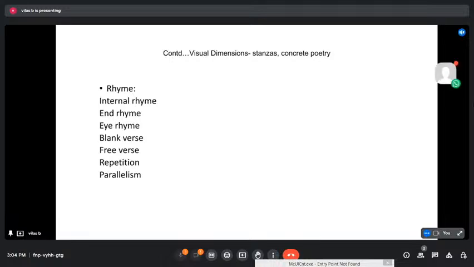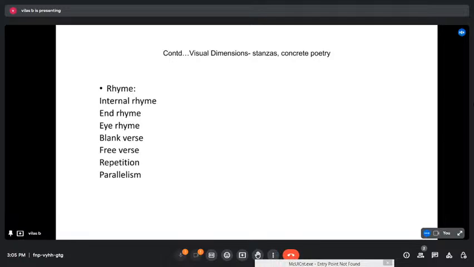We are very familiar with end rhyme: identical or similar sounds or phonemes at the end of each verse line, which form a kind of pattern.